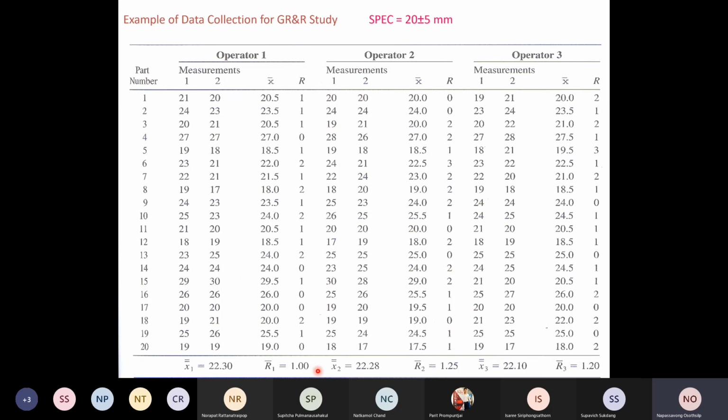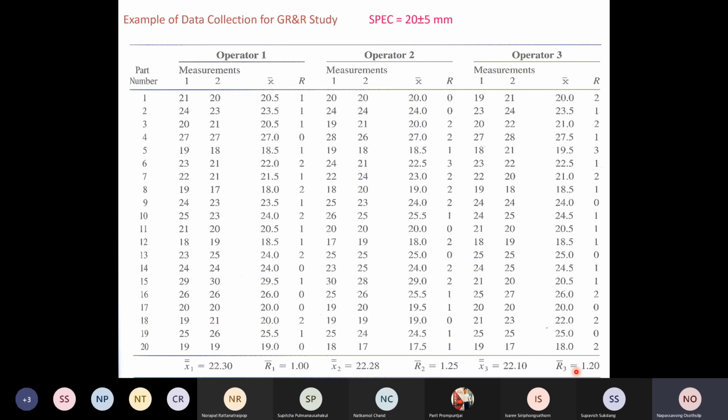Then you can do the same thing for operator number 2 and operator 3, and you will get R bar 2 and R bar 3. If you take an average of R bar 1, 2, and 3 again, what does this number tell you? This number is called R bar because we average all the R bars again.